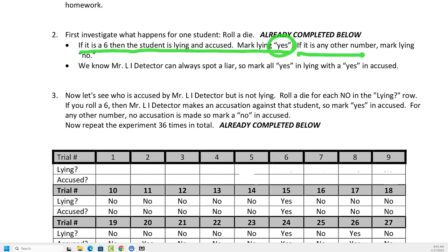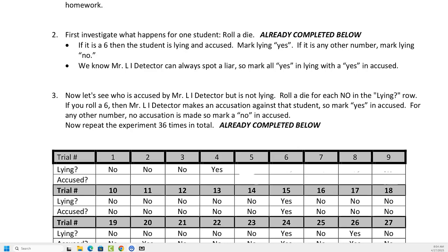If it is any other number, mark lying, no. So the first time, let's just say I roll a die and I get a 5, and so that's a no. The next time I roll a 3, that's not a 6, so that should be a no. The next time I roll a 1, it's a no. The next time I roll a 6, it's a yes.